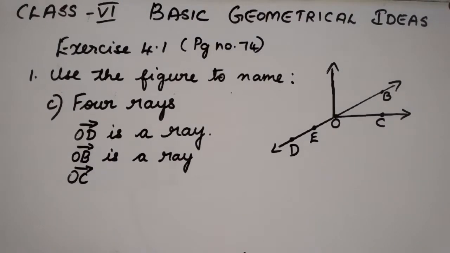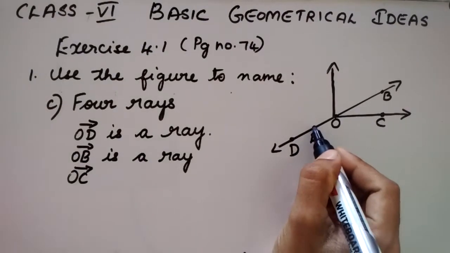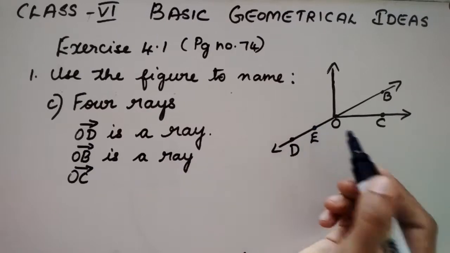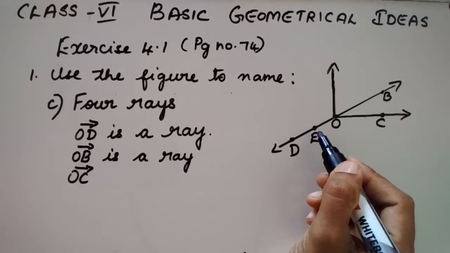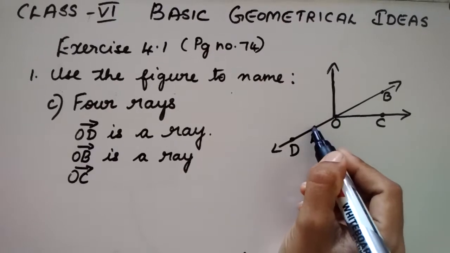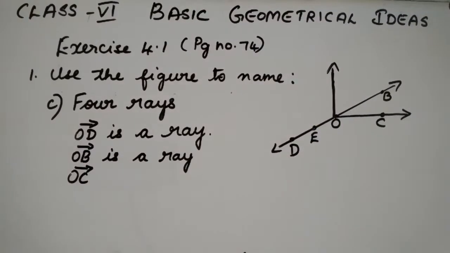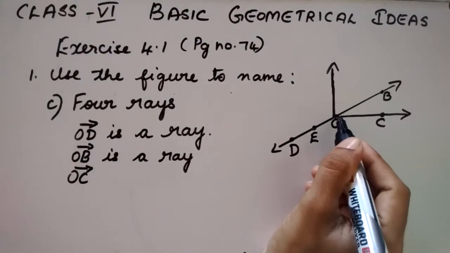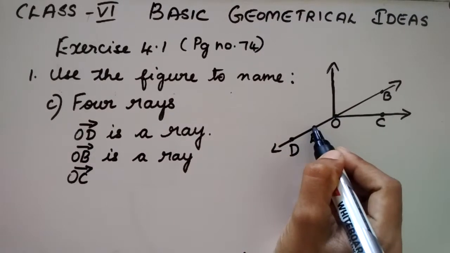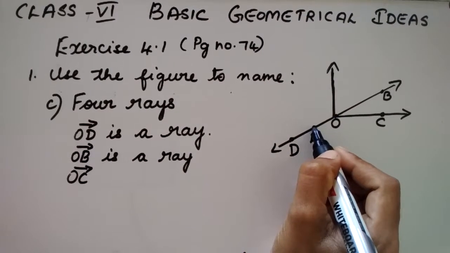Next we have, if we consider E as extending, if in case now point D is not there, so E is extending. So OE is a ray. O is fixed and E is also fixed.